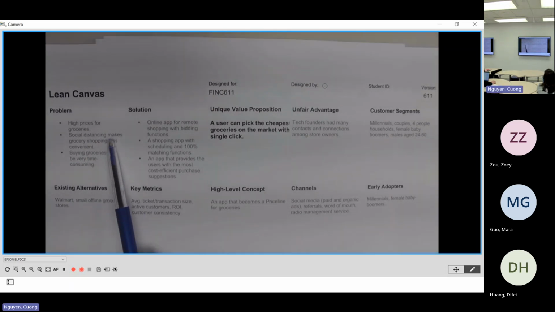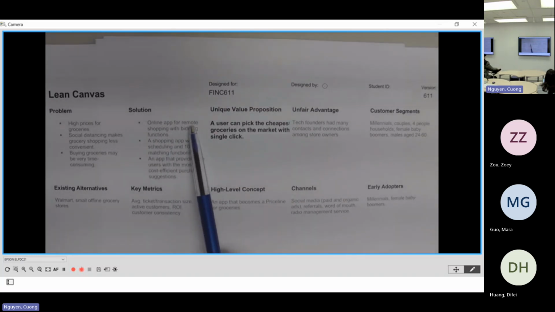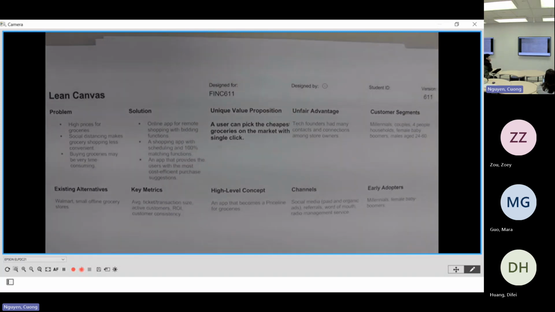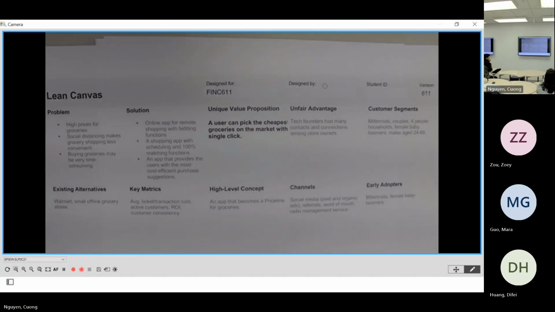Social distancing makes grocery shopping less convenient, and buying grocery may be very time consuming. So the solution for this: an online app for remote shopping with bidding functions for grocery, and a shopping app with scheduling and 100% matching function.